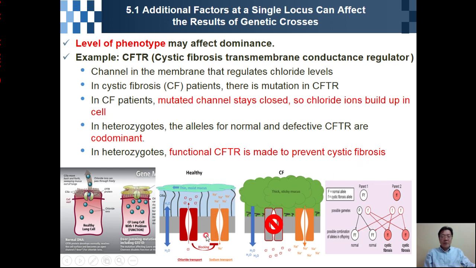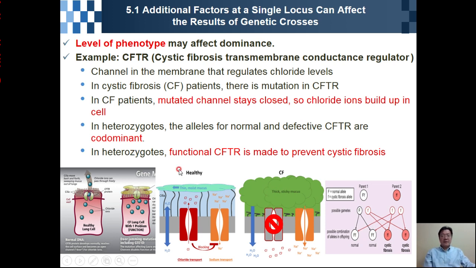So when this is wild type, normal, and this is defective, in the heterozygote both exist together, and they are codominant. But in these cases, the normal CFTR is half, so chloride can move to this region, and sodium can move to this region, and the water can stay in this region, so the cilia can move here.